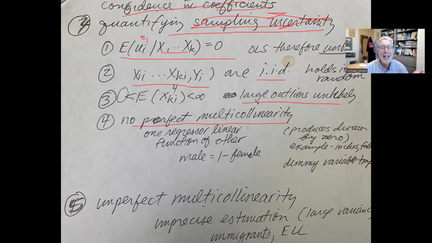That doesn't make any sense. So that's the idea of perfect multicollinearity. It's rather obvious, but sometimes you'll encounter subtle cases where you don't think two variables are linearly related, and then it turns out, for reasons that weren't obvious, that they are.